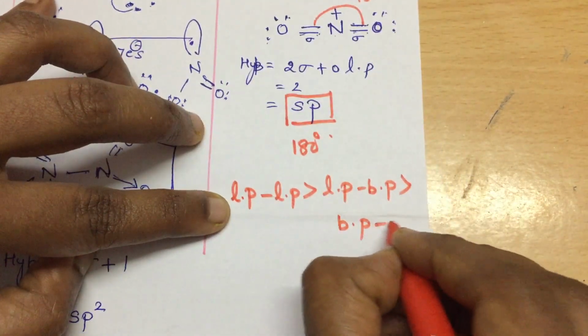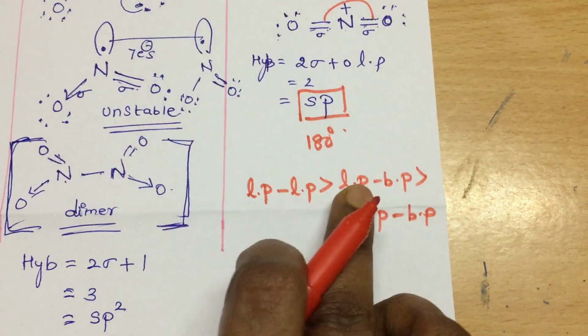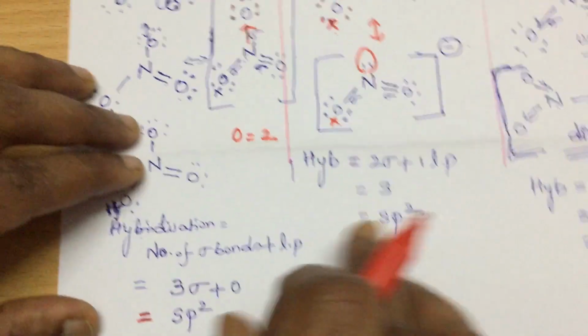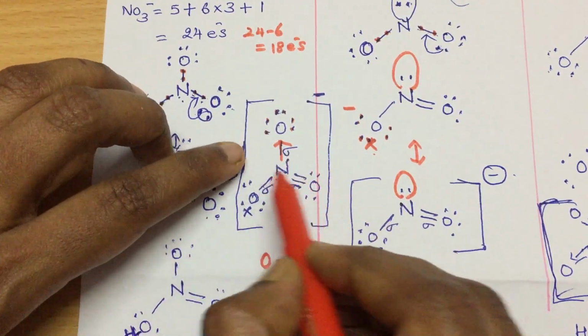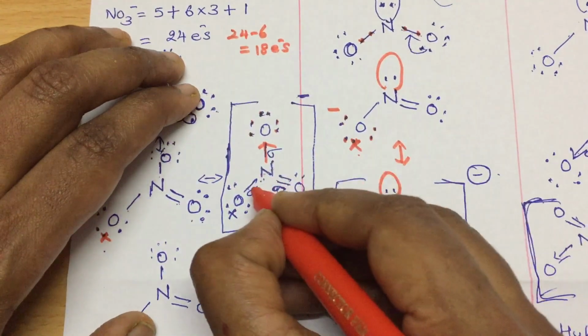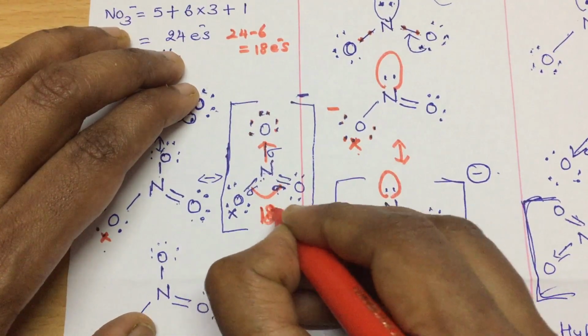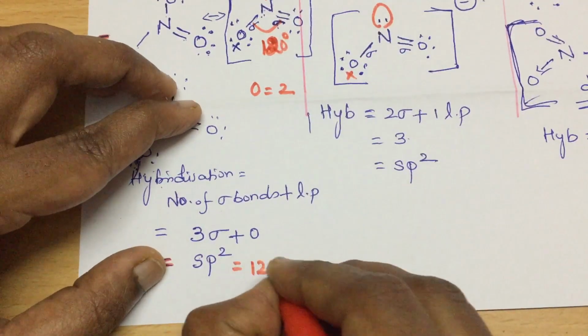Then comes your bond pair repulsion. Lone pair there will be a huge repulsion, then lone pair bond pair, and then the least will be your bond pair. So here there is no lone pair. If there is no lone pair, we need not worry. There will not be any repulsion. So the actual bond angle for the trigonal planar will be 120 degree. It will be maintained.